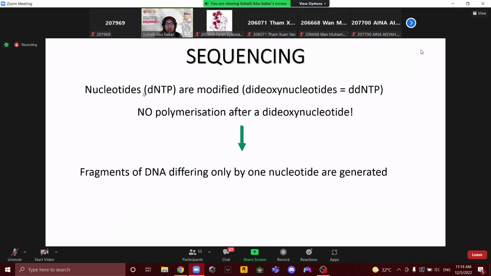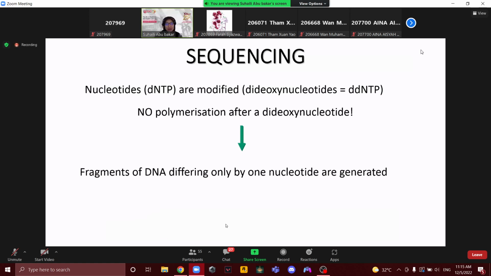Means that in the structure of the NTP, there is, apa tu, kat mana? 3' hydroxyl ke? Right, because of the 3' hydroxyl, polymerization extension, right? Extension to the new building block can be added. However, in this structure, the polymerization will stop. It cannot extend anymore.